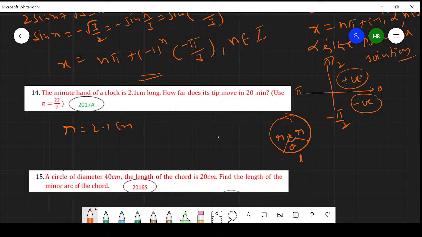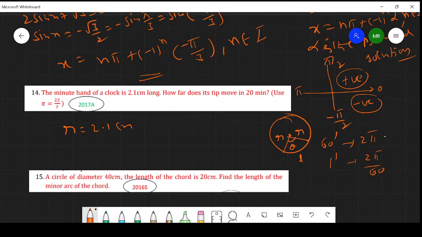Understood here? Always remember, for 1 hour, that is 60 minutes, it makes an angle of 2 pi radians for one complete rotation. For 60 minutes it makes an angle of 2 pi radians. For 1 minute it makes an angle of 2 pi by 60 radians. Am I right?